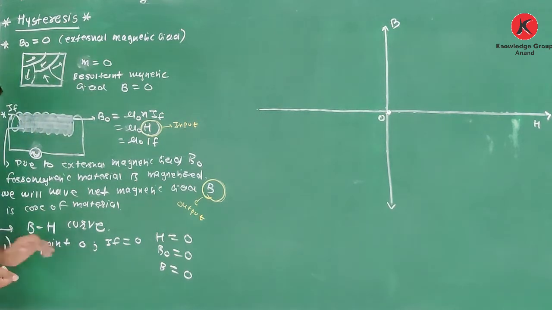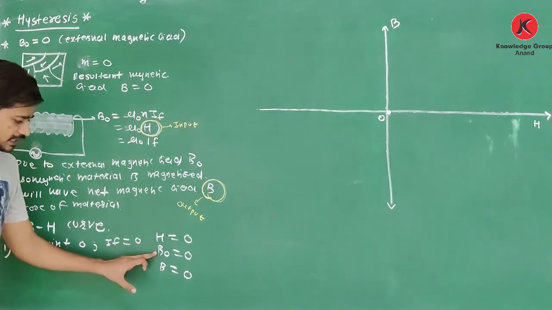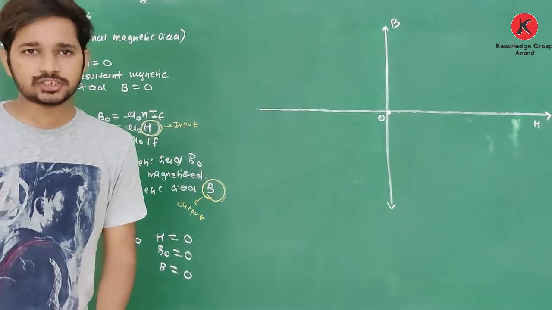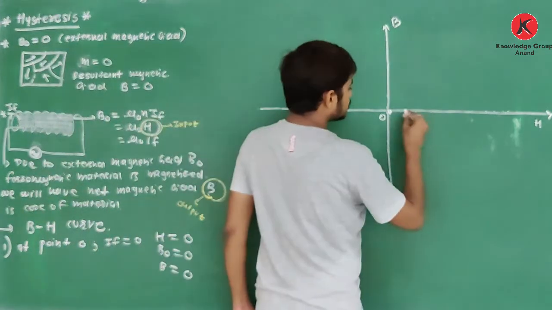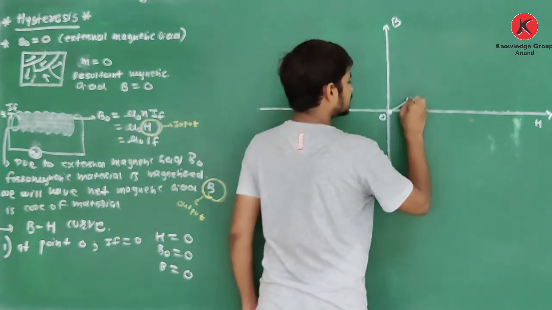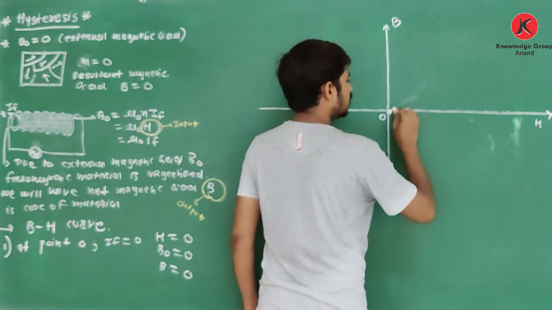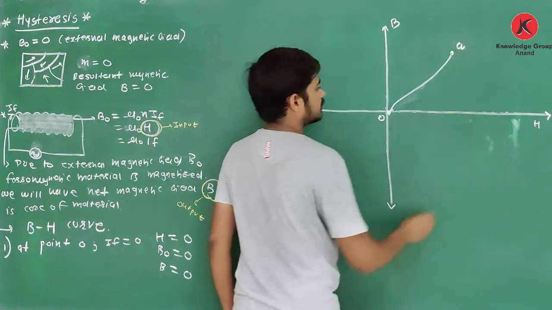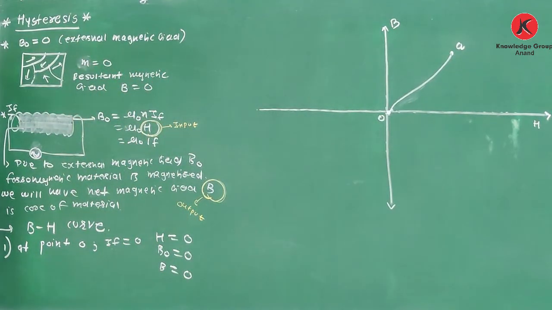So simple flow, okay? If IF increases, H increases, B0 increases, and B increases, and dipoles will try to align in the direction of the magnetic field. So yes, as H increases, B also increases, like this, at point B. Clear about this?